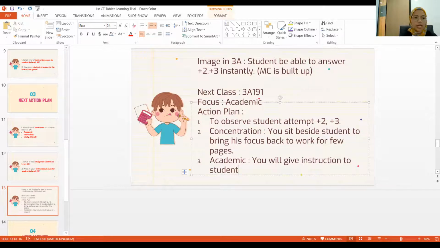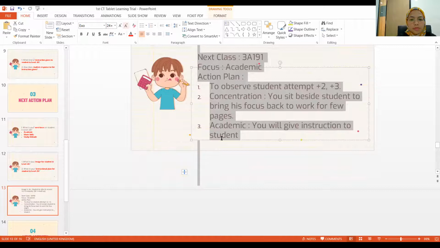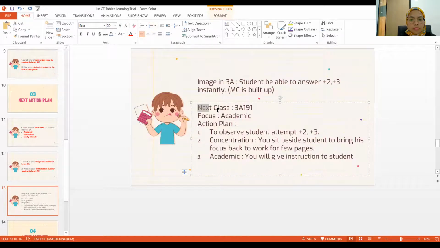So what kind of instruction will you give him? Let's say students are very slow at +2, or maybe counting, because we never know what is happening with the student at the moment.